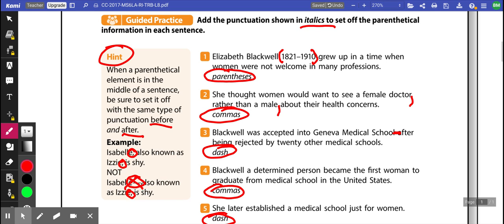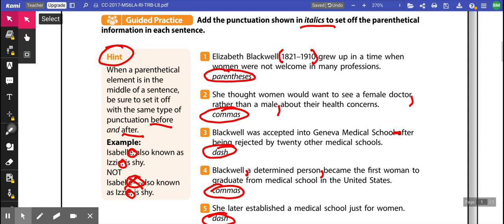And number 4, Blackwell, a determined person, became the first woman to graduate from medical school in the United States. Well, the important thing is that she graduated from medical school. So the fact that she's a determined person, according to the instructions with commas, we want to set off that parenthetical expression, a determined person, because I can take that out and the sentence would still make sense.